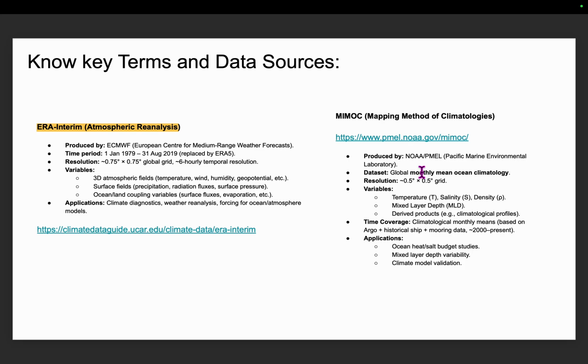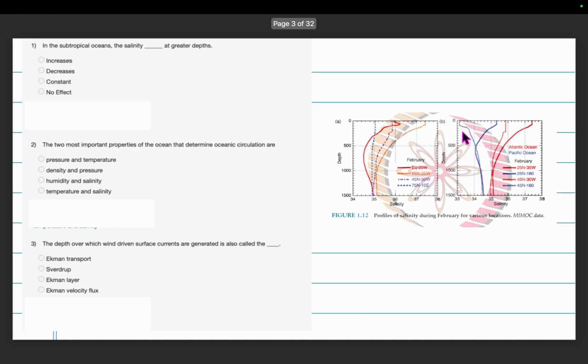It is used for ocean heat and salt budget studies, mixed layer depth variability, and climate model validation, to see how the atmosphere shapes the ocean circulation, or how they impact climate change. In those senses, this MIMOC dataset is useful.